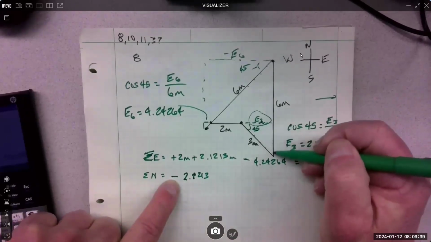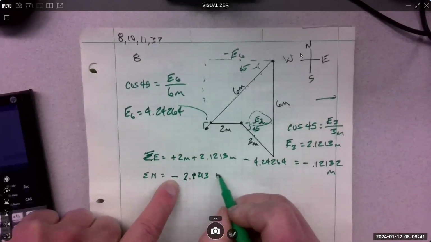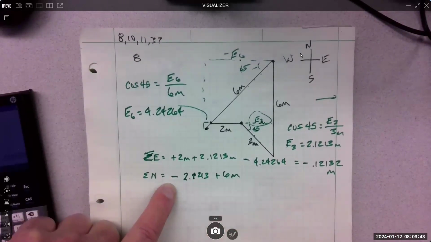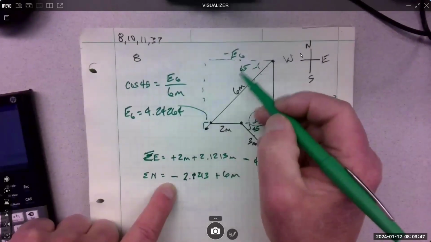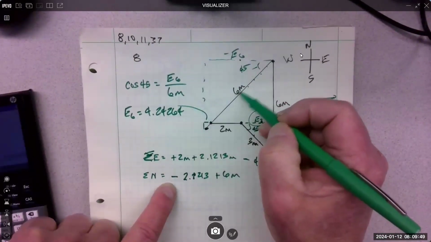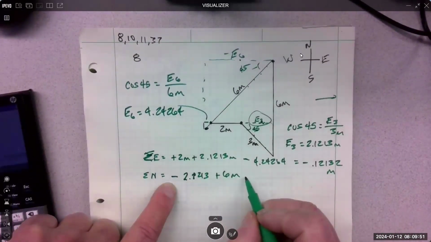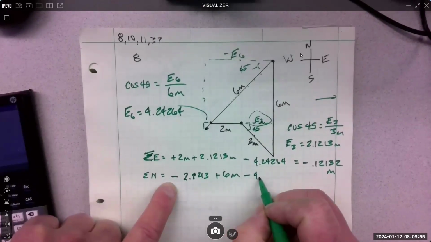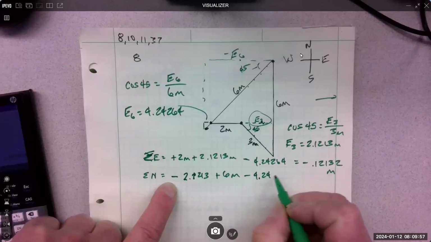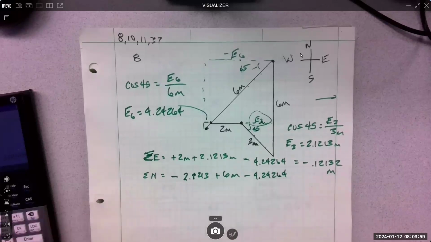That's this one dropping down. Then we have a plus 6 miles going straight up. And then we need the side or component of the 6 miles, which is this thing. And that's coming down, right? Minus 4.24264.